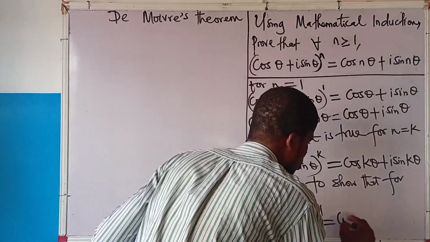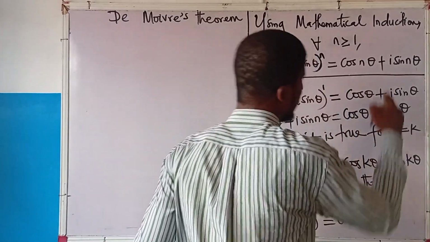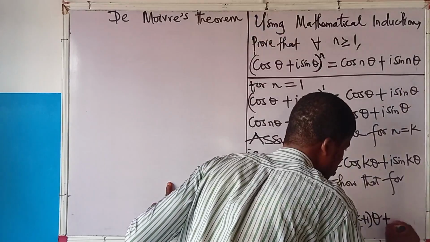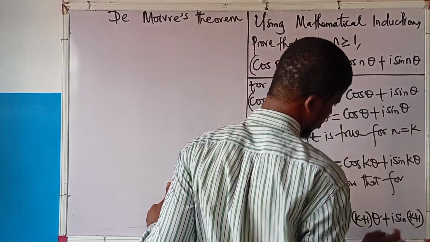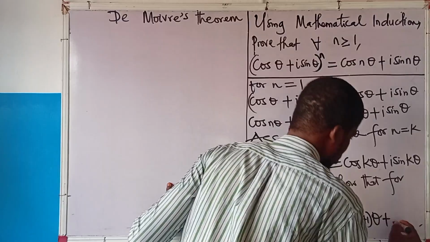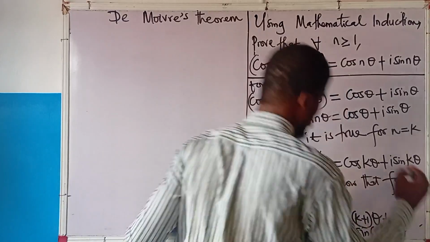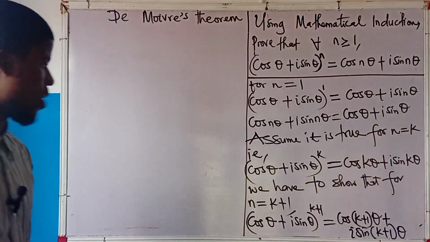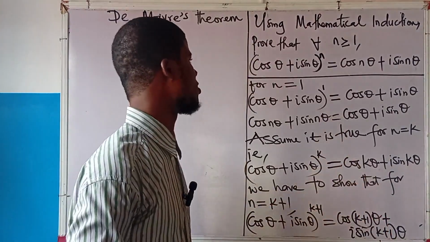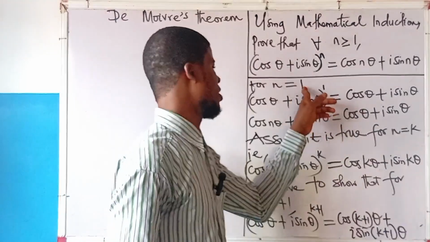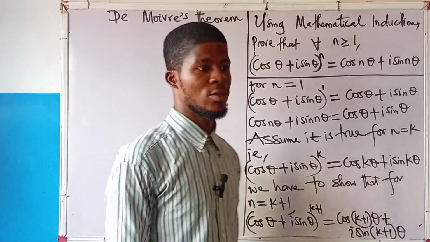That will be cos (k plus 1) theta plus i sin (k plus 1) theta. This is what I'm going to prove now. I want to prove that this is equal to this. Having seen that it is true for n equal to 1, and we are assuming that it is true for n equal to k. So let's do this.